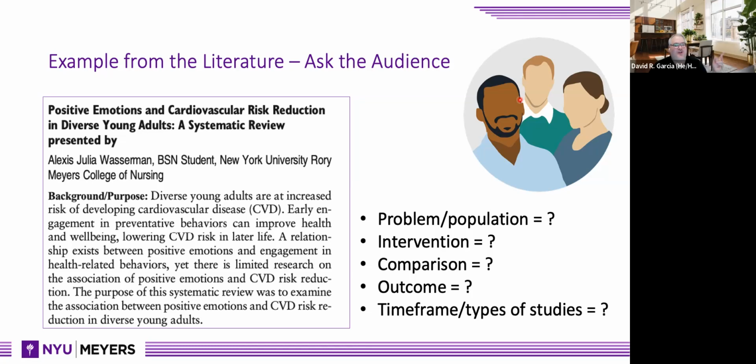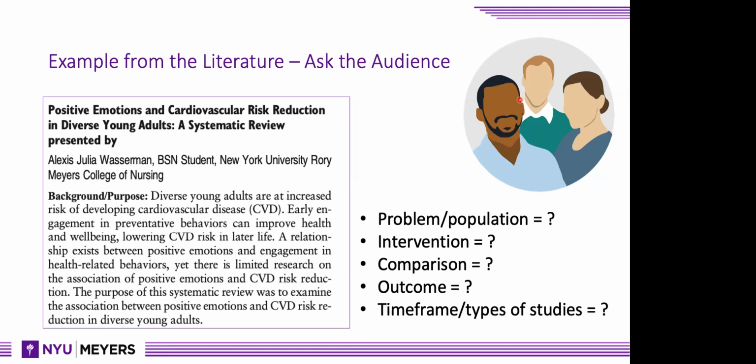If you could call on one other person to identify what the problem or population was. I'm just going to do the first person I see. So, Natasha. The population is young adults.